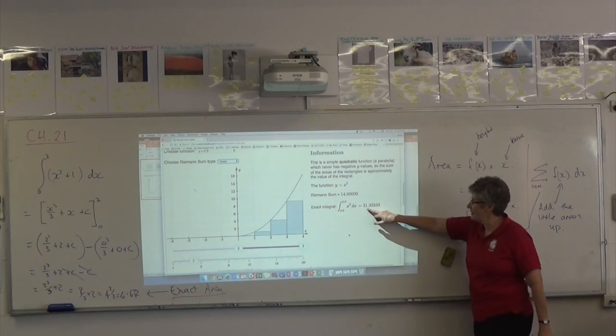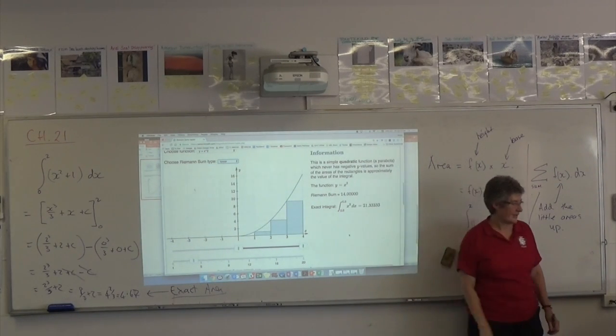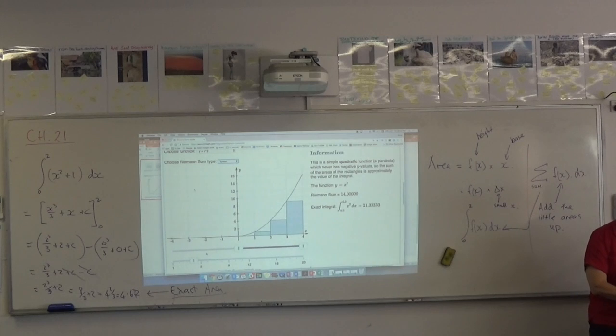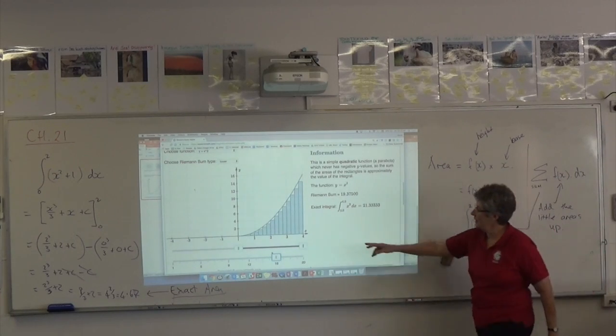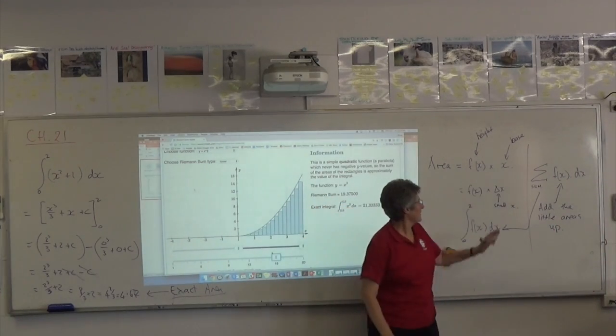Keep an eye on this as I make the rectangles smaller. Now it's got closer to 15.3. So you can see as I make them smaller and smaller, it's getting more and more accurate.